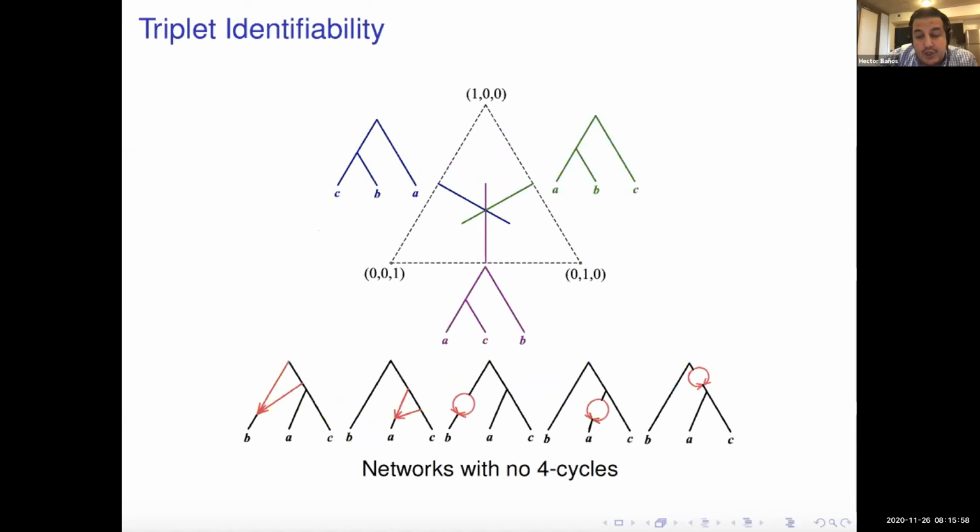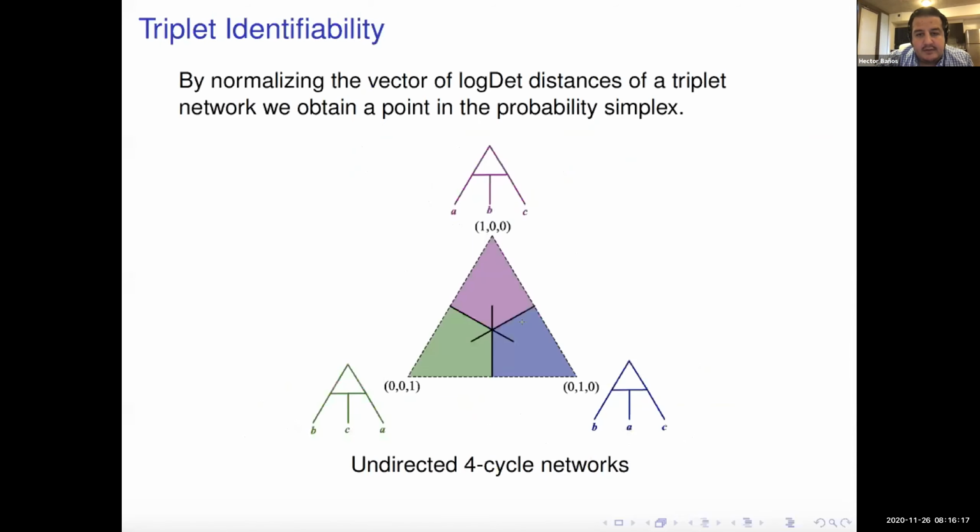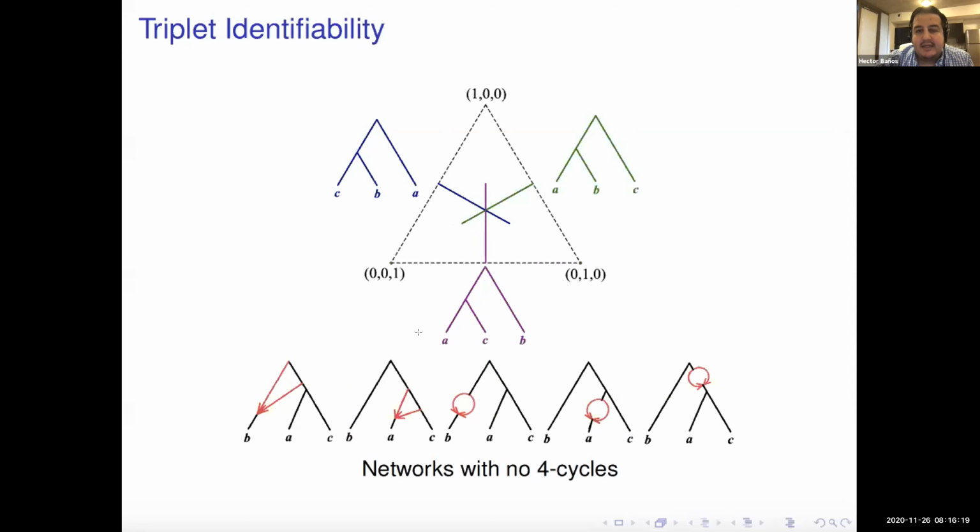So we also show that if you do not have a 4 cycle, then that normalized triplet will generically lie on these lines, the ones that are excluded from here. Moreover, depending on which line of the simplex they lie on, you can tell the underlying topology of the network.